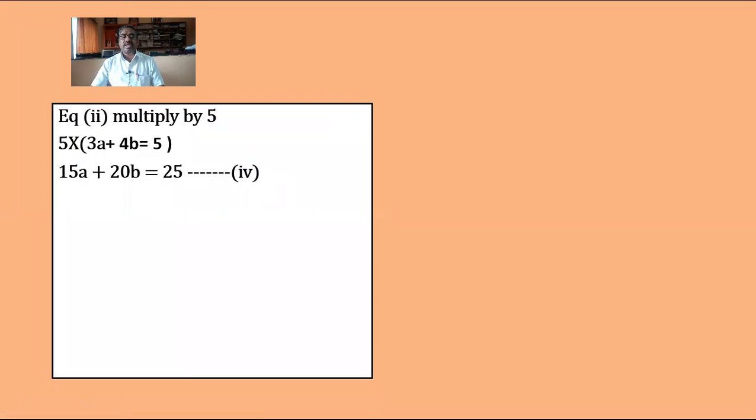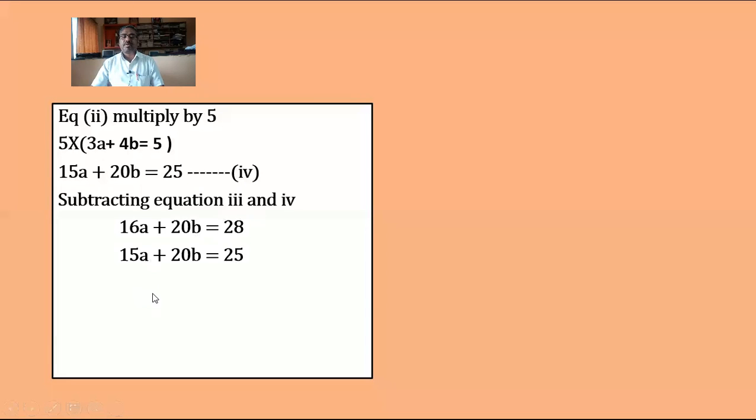From equation 3 and 4, the coefficient of b is the same, having same sign. Therefore, subtracting equation 3 and 4. समीकरण 3 आणि 4 मध्ये b चा सहगुणक समान आहे, चिन्ह सारखी आहेत, म्हणून समीकरण 3 व 4 ची वजाबाकी करून 16a plus 20b is equal to 28, equation number 3, and equation number 4 is 15a plus 20b is equal to 25.